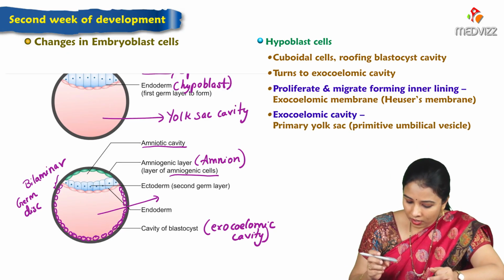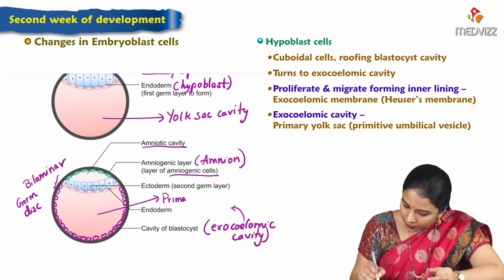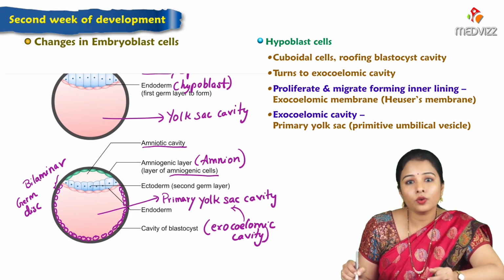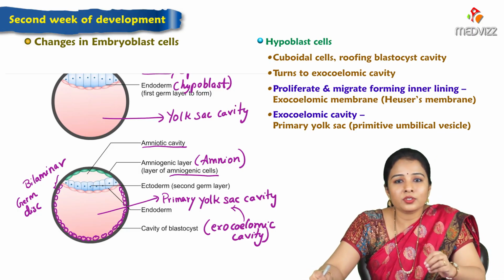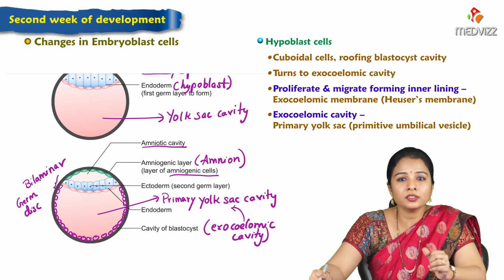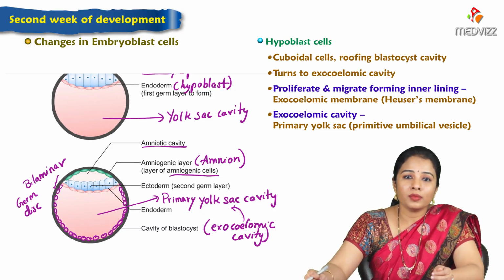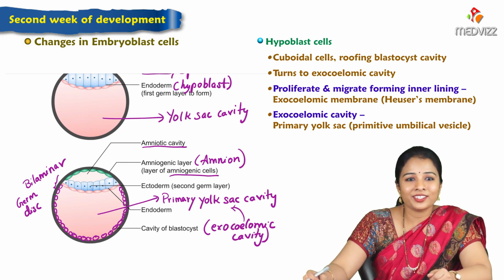Now the exocoelomic cavity turns to form what? Primary yolk sac cavity, which in many of the textbooks, yolk sac is termed as umbilical vesicle. So it is called as primitive umbilical vesicle, or easy to say primary yolk sac cavity.